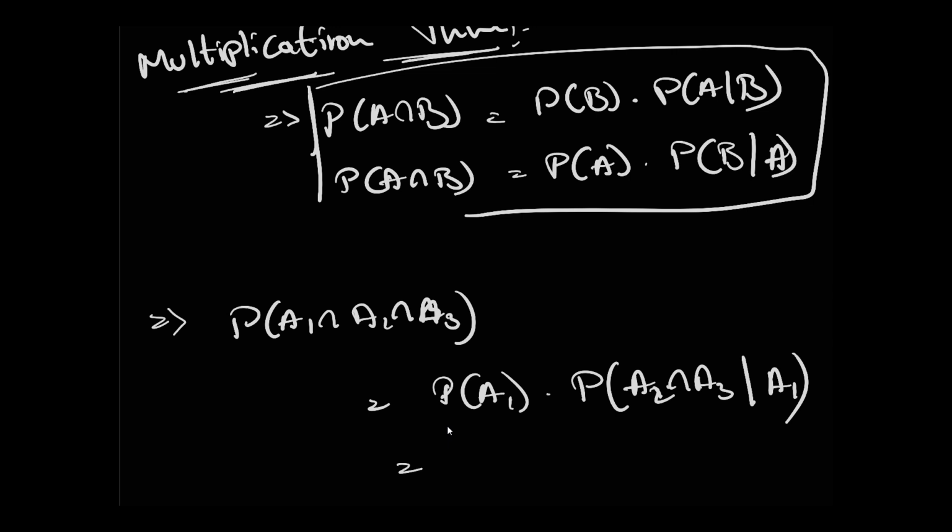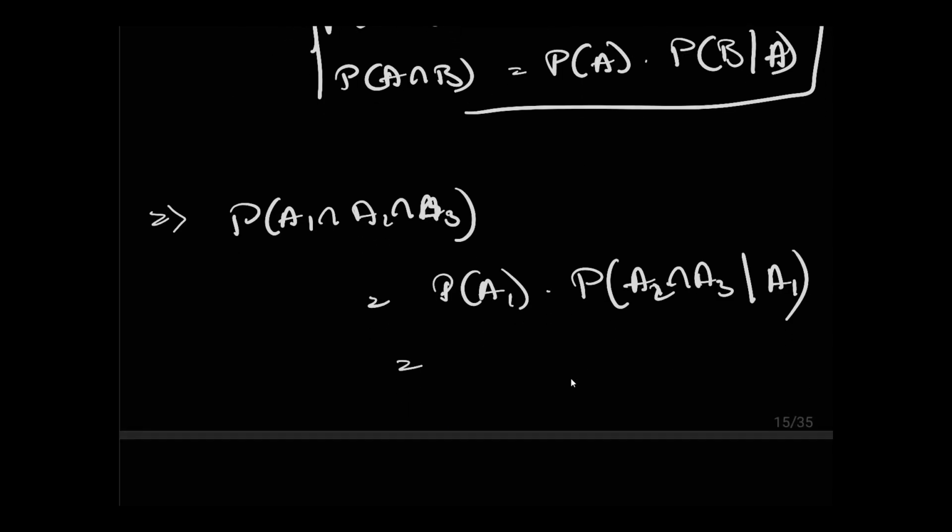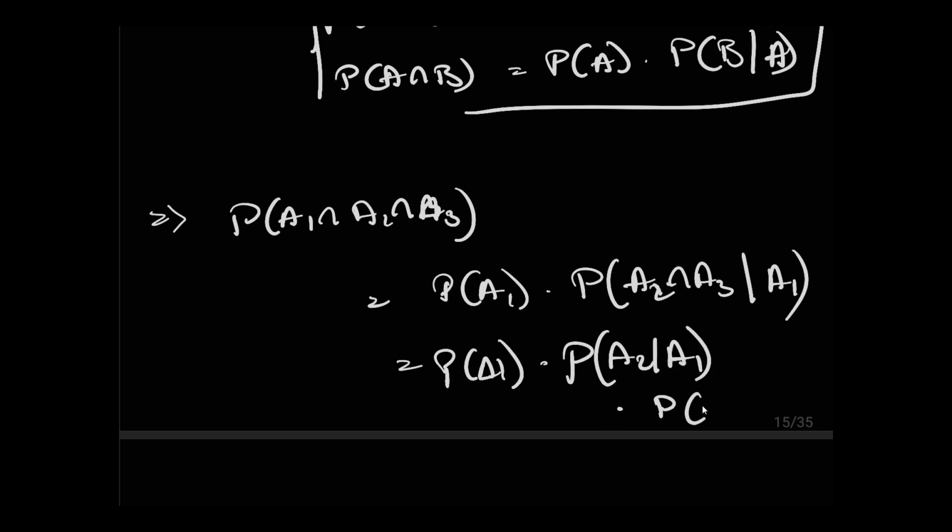This can be written as probability of A1 into probability of A2 given A1 into probability of A3 given A1 intersection A2.